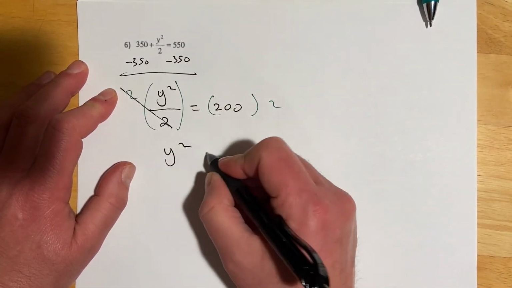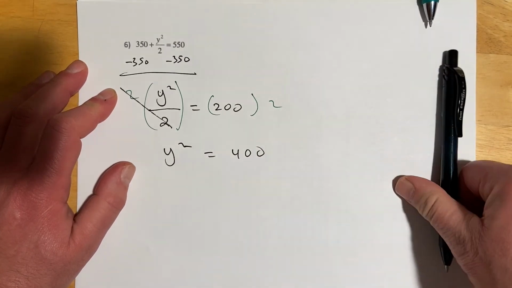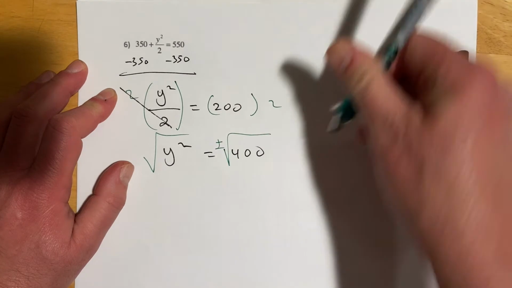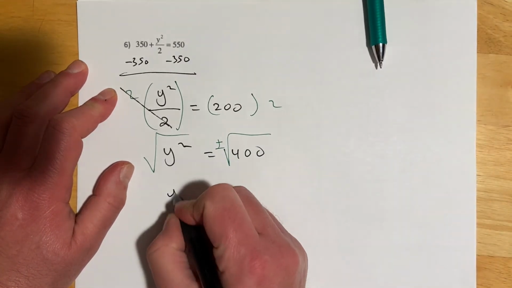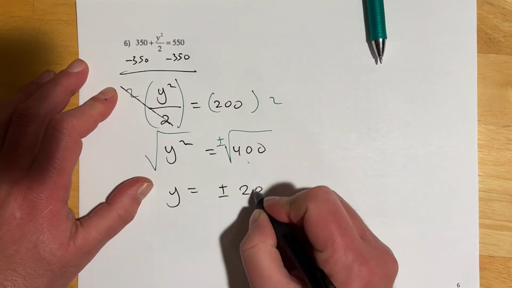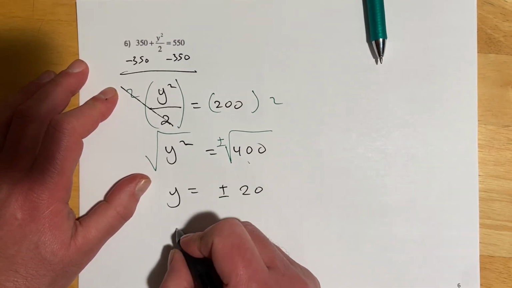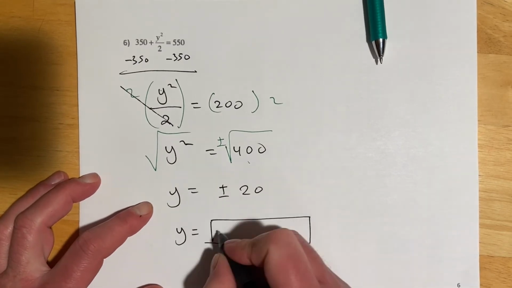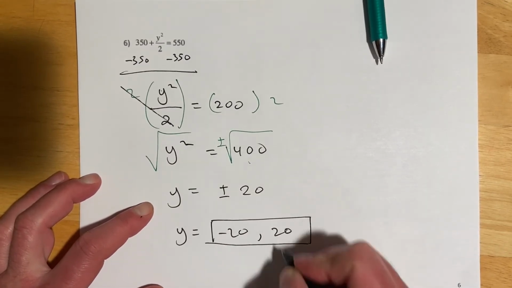And y squared equals 400, and then we can root both sides. And y equals plus or minus 20. And so again, in the answer box, if it has y equals, you would have negative 20 and 20.